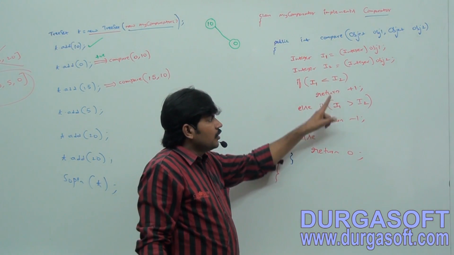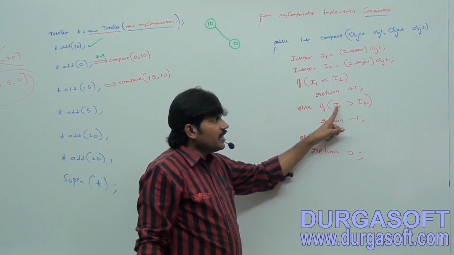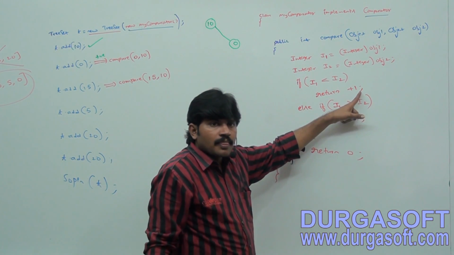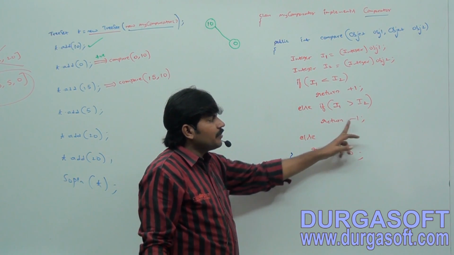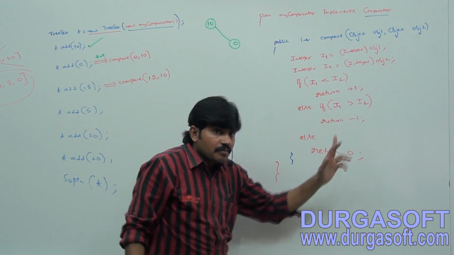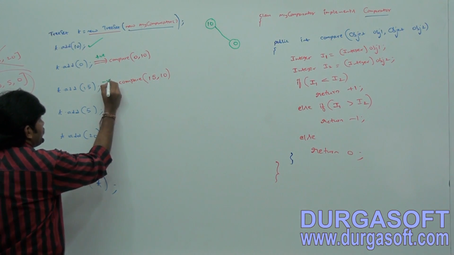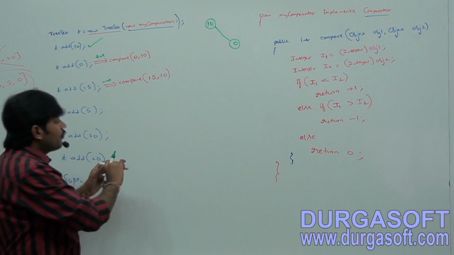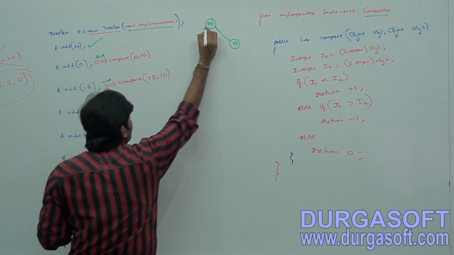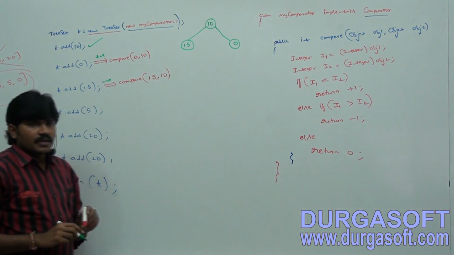I2 is 10. 15 less than 10, not satisfied. 15 greater than 10, satisfied or not? Satisfied. Satisfied means return -1. -1 means what? Negative. Negative means what? Before. Before means 15 should come to the left node. Are you getting?